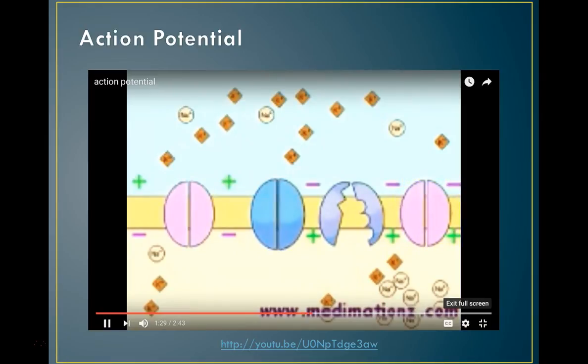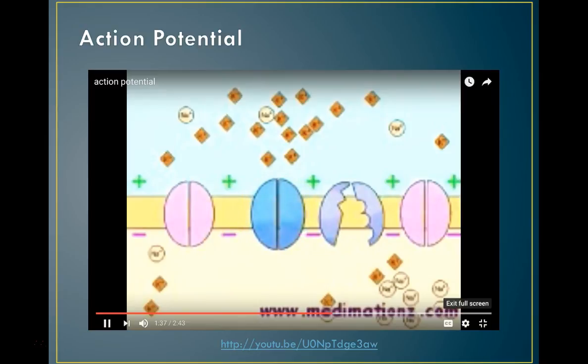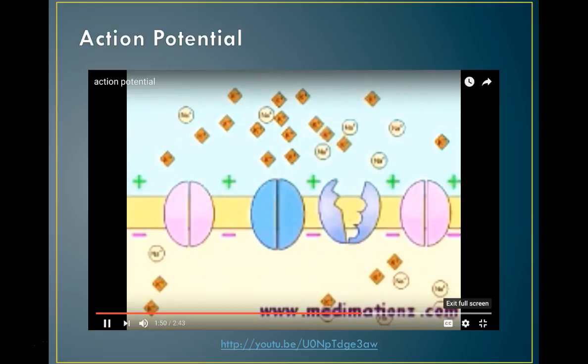In this way, the action potential travels down the neuron like a wave. In the wake of the action potential, potassium leaves the cell, restoring the negative charge inside the neuron. Meanwhile, the sodium-potassium pump has been shuttling sodium ions out and potassium ions in, re-establishing the resting potential distribution of sodium and potassium ions.